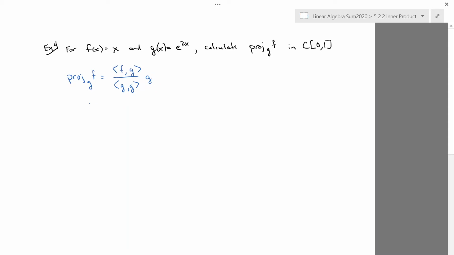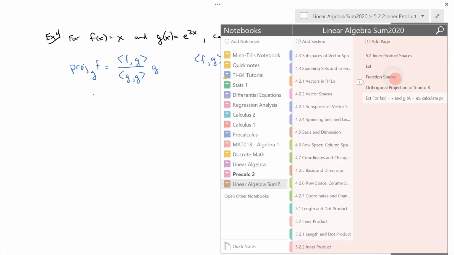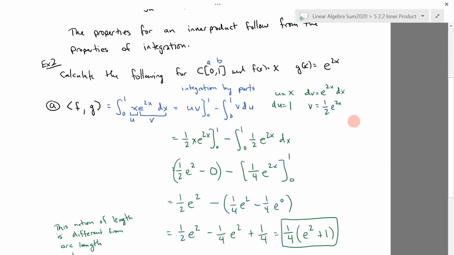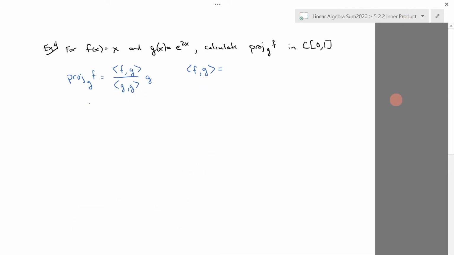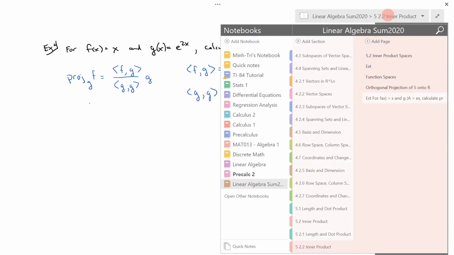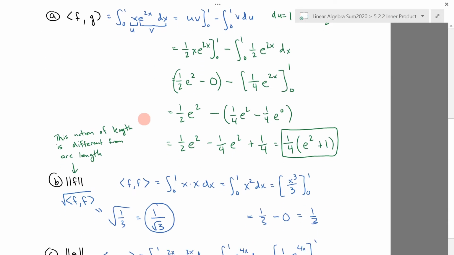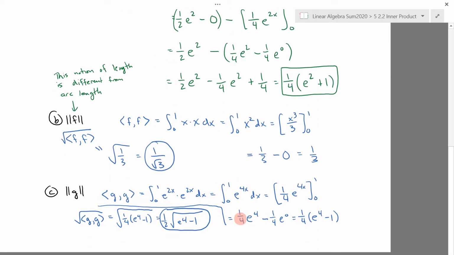Luckily we've already calculated these in example 2. The inner product of f with g was 1/4 times e squared plus 1, and the inner product of g with itself was 1/4 times e to the 4th minus 1.